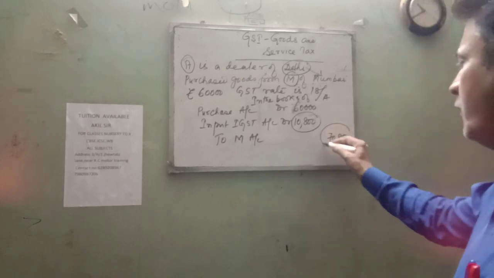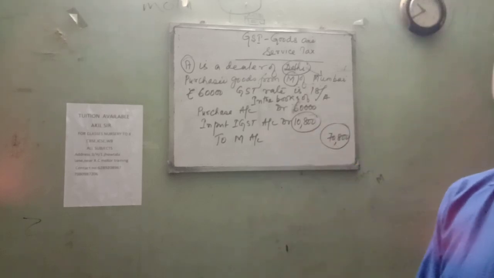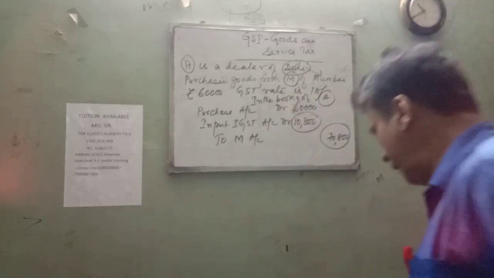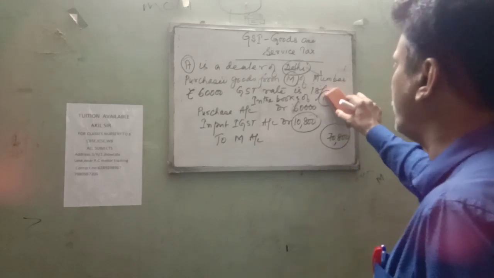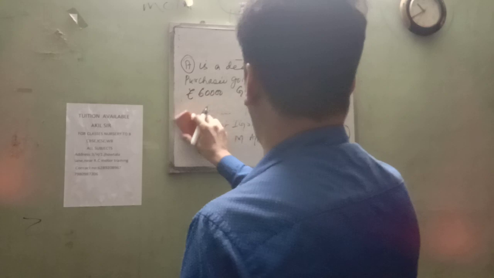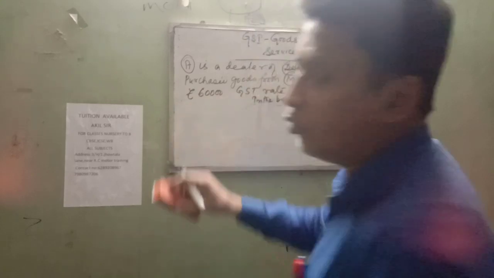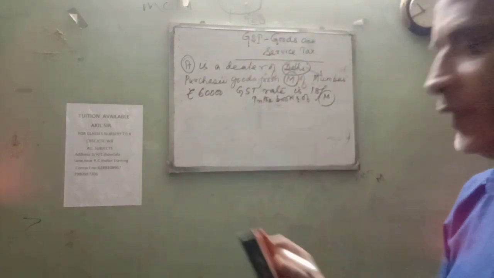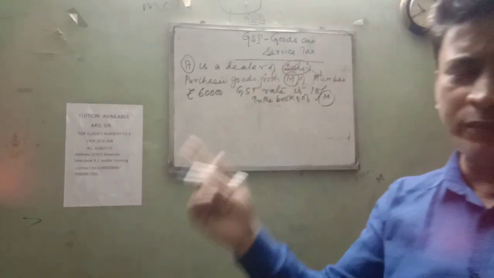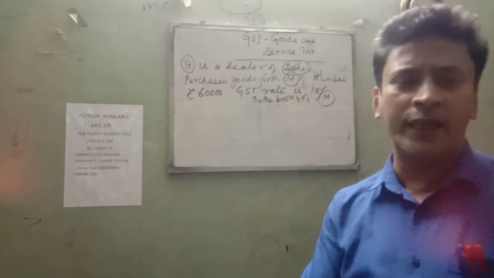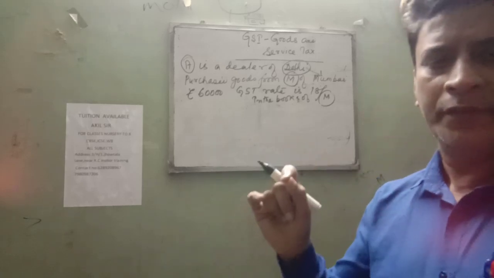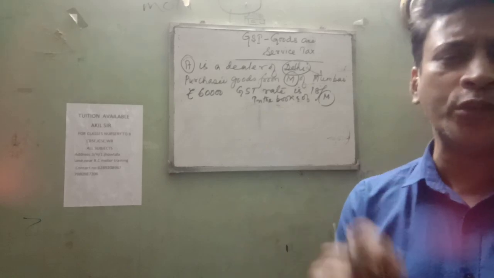So this is the entry in the books of A, the dealer who has purchased goods from M. Similarly, when we are passing entries in the books of M, it would be sale, and in the books of M it would be output IGST. So the dealer who is purchasing goods from others has input IGST, and in the books of the seller it would be output IGST.